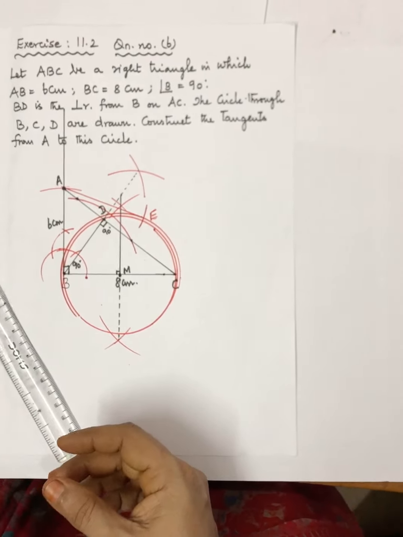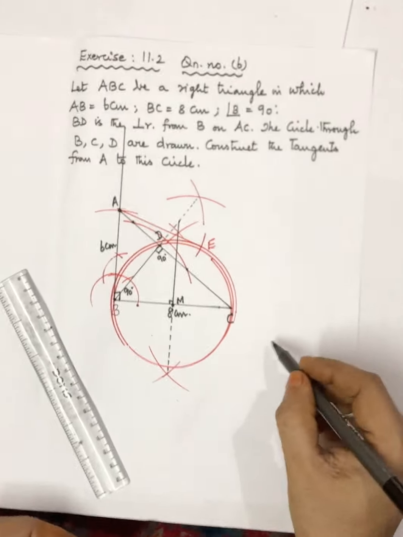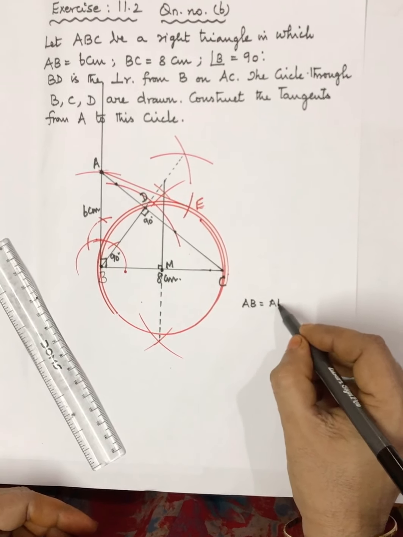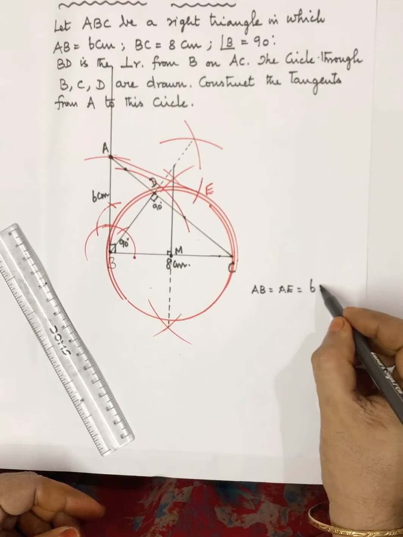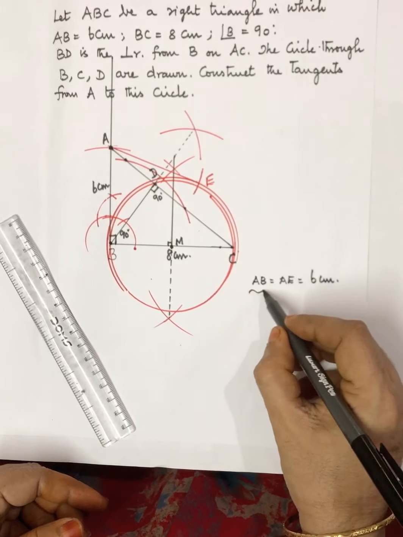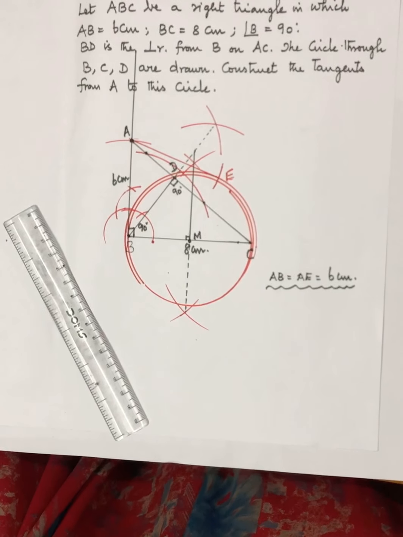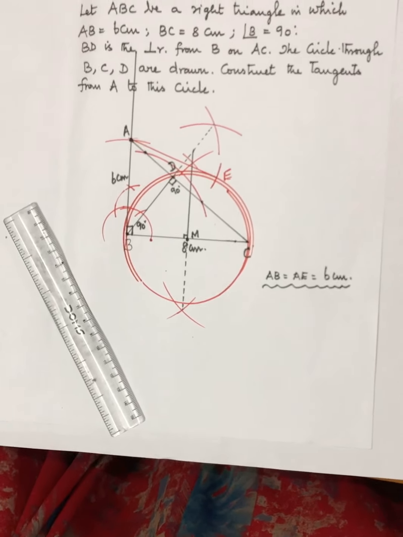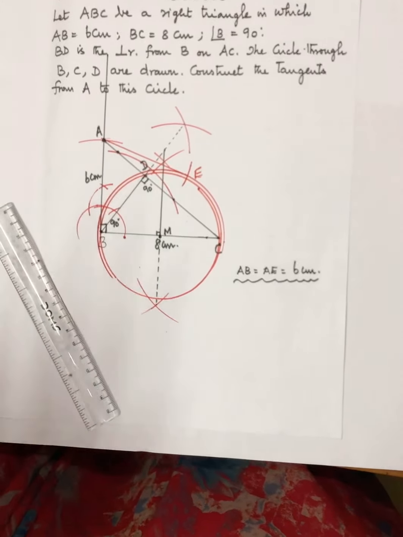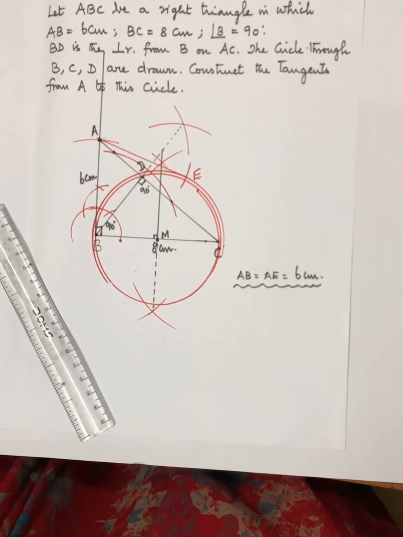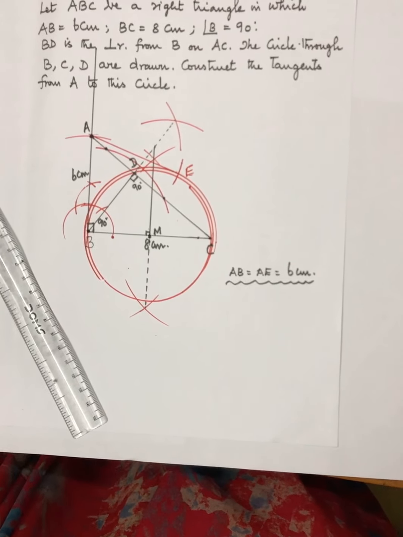So, AE is the tangent. So, AB is equal to AE equal to 6 centimeter. This is how you construct the tangent for the given circle.